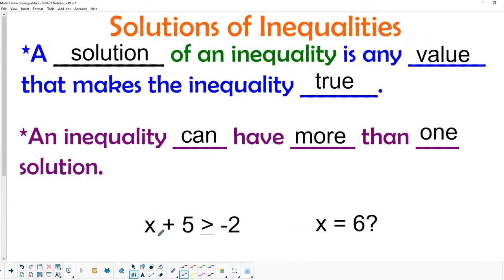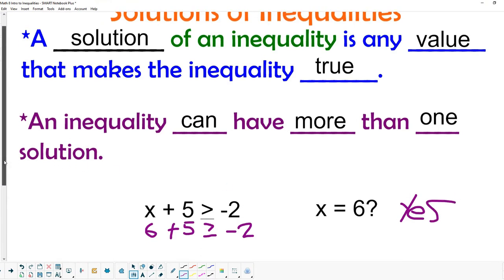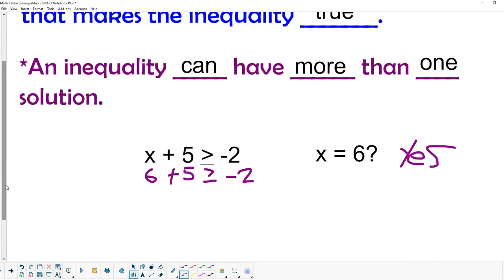So if we put the number 6 in for x, 6 plus 5, that would be 11, right? And is 11 greater than or equal to negative 2? Well, yes, it is. But is that the only number that works? No, there are others. In fact, a large number of them that work.